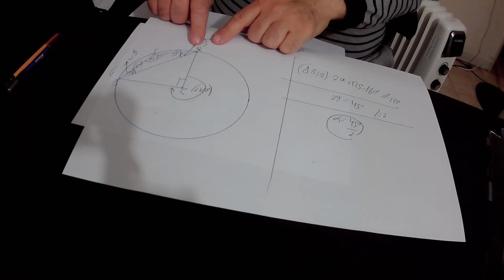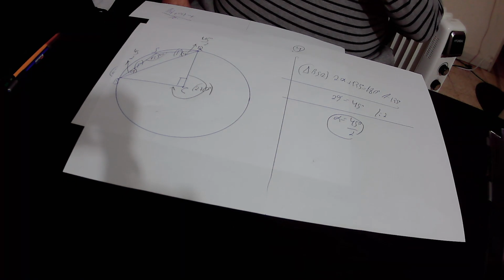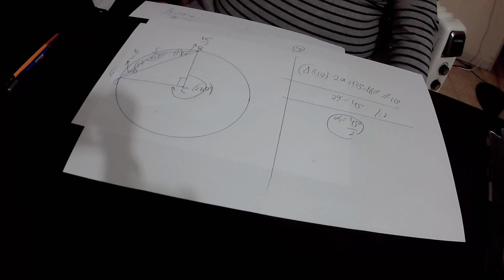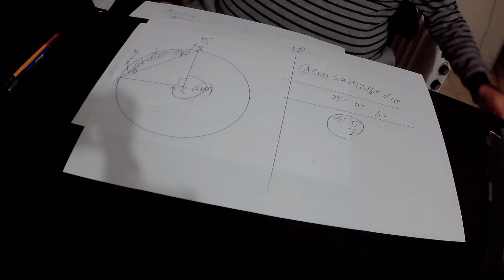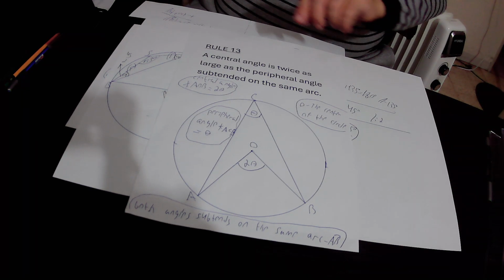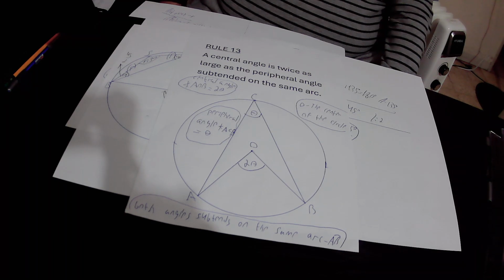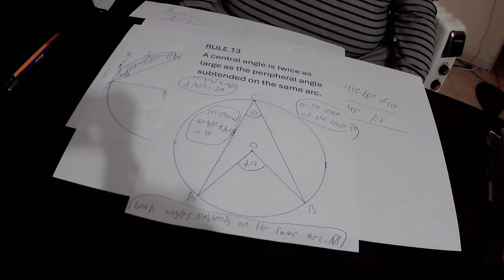Then I join points Q and B together by a straight line. And then I presented to you a new rule and we implemented the new rule in our drawing. According to the new rule, rule number 13, the central angle is twice as large as the peripheral angle subtended on the same arc.